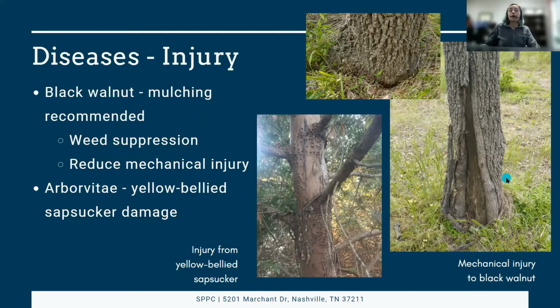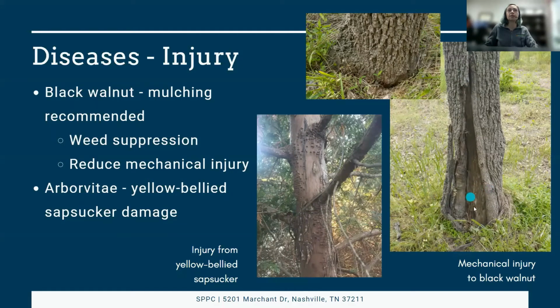So what happened here was this person was mowing around their trees and their lawnmower hit this tree, and this giant canker is what resulted from being injured. So making sure we've got the right amount of mulch around our trees to not only suppress the weeds, but reduce this type of injury is really important.